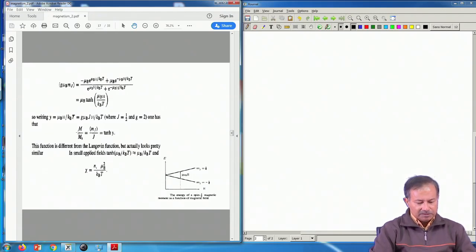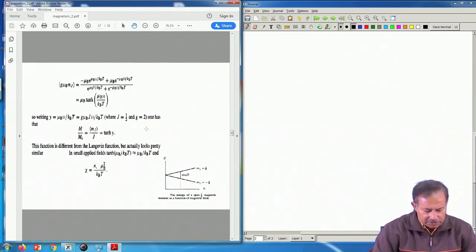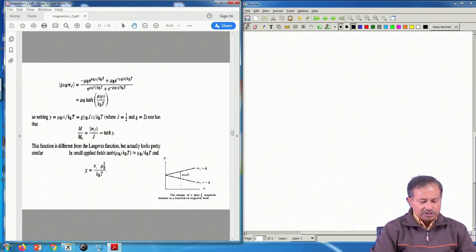So, if you divide by that, then you get a tanh function where y is mu b H by k b T. Now, what is interesting is that this factor inside is always coming as mu b H by k b T.